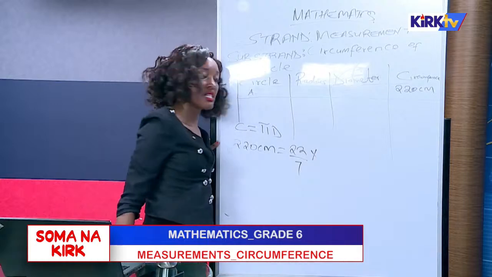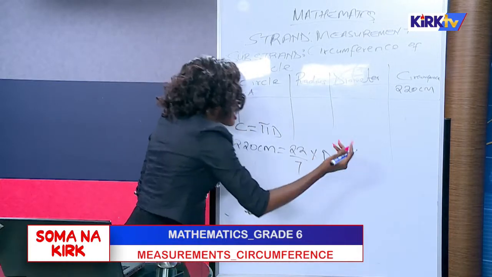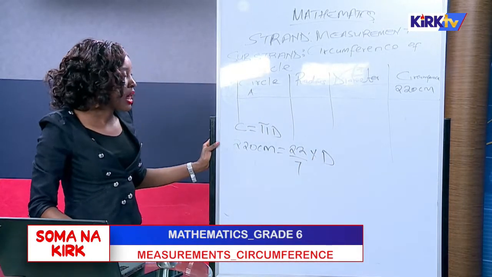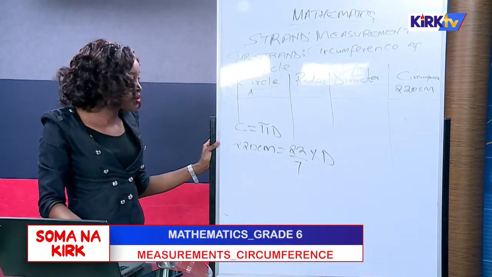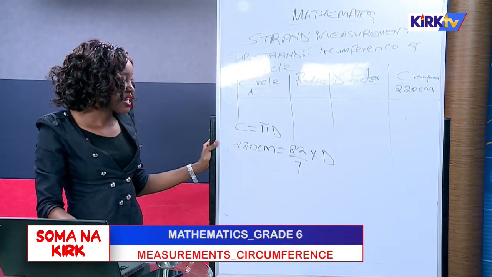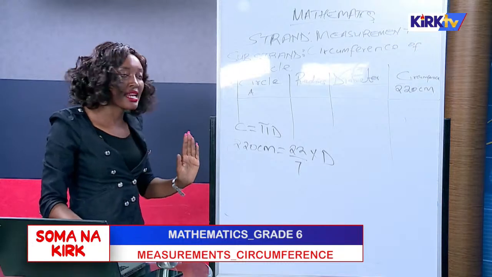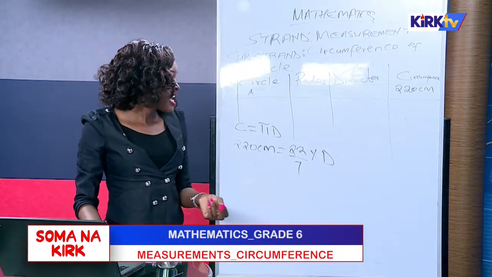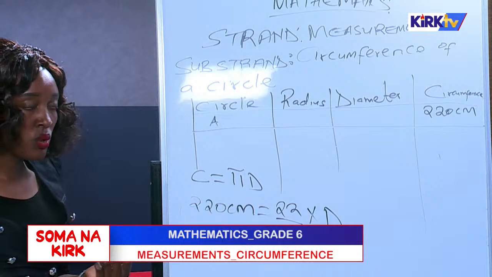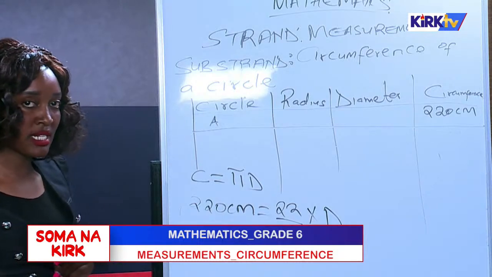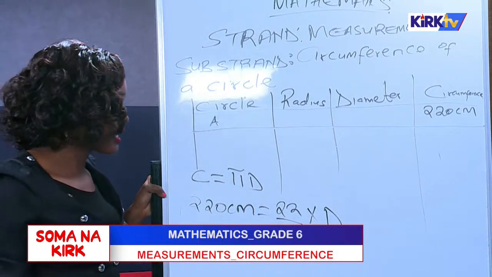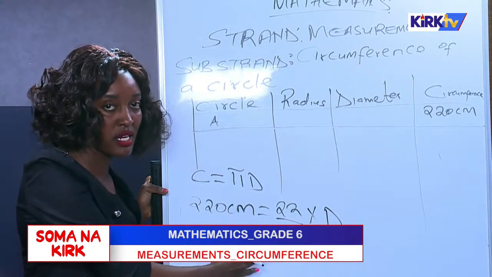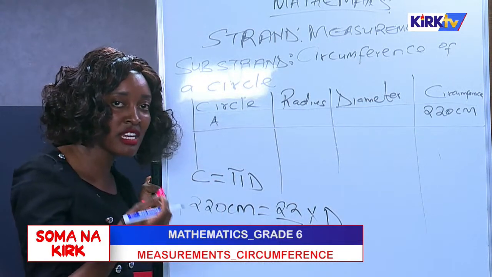Then times diameter. We don't know the diameter, all right? So we are going to use a method called the elimination method, numbers on their side and the letters on their side. Are we together? And the first thing that we do, we eliminate the denominator, which is 7. What are we going to do to eliminate the denominator?